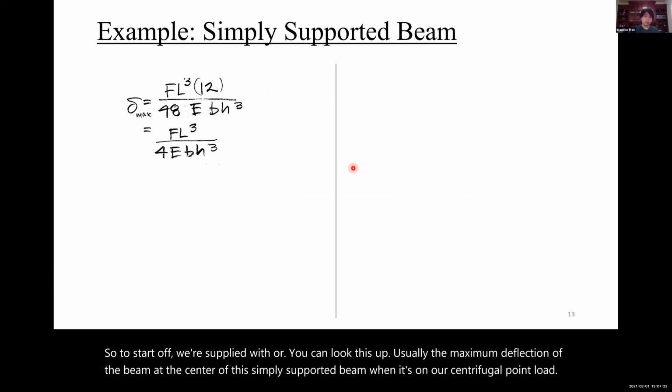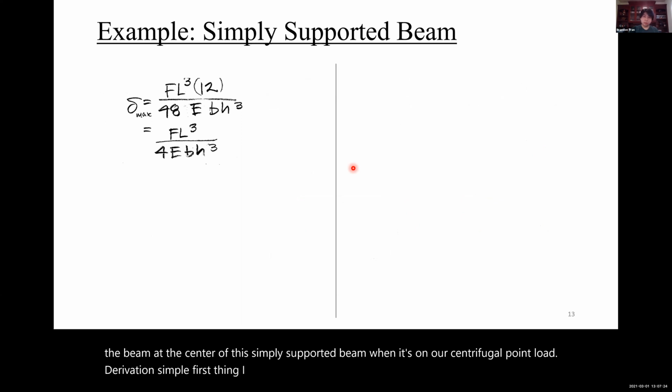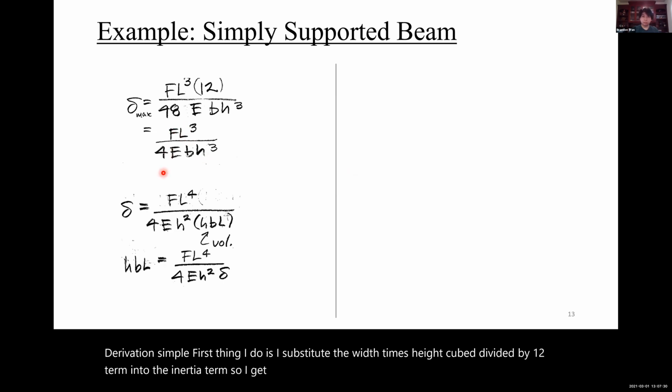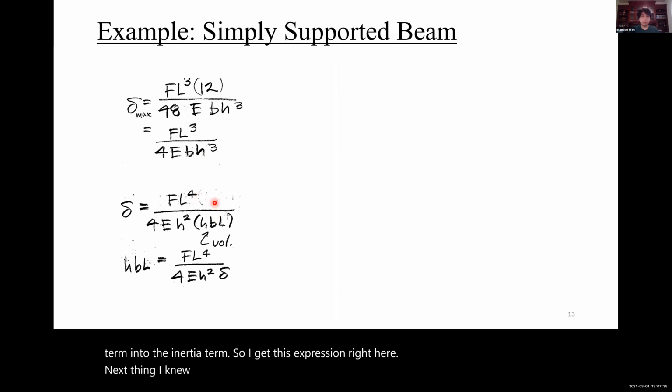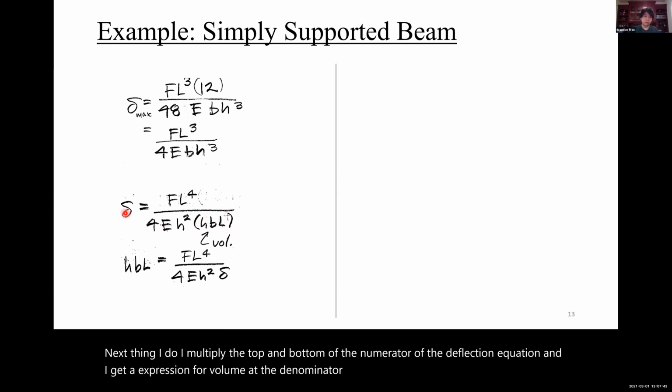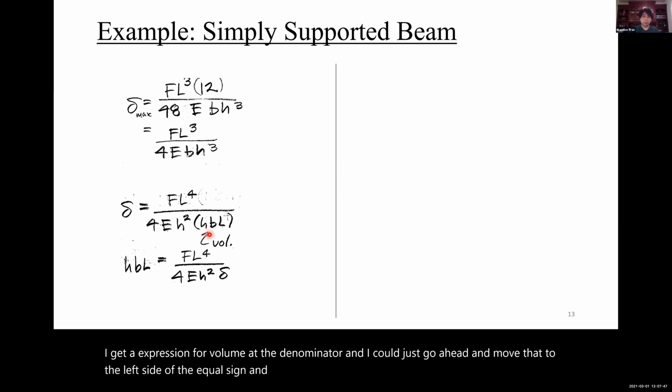The derivation is simple. The first thing I do is substitute the width times height cubed divided by 12 term into the inertia term, so I get this expression right here. Next, I multiply the top and bottom of the numerator of the deflection equation, and I get an expression for volume at the denominator. I can move that to the left side of the equal sign and move the deflection term to the denominator. Here I have this expression.